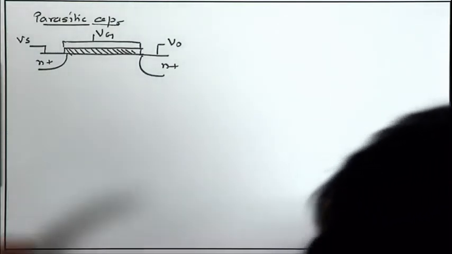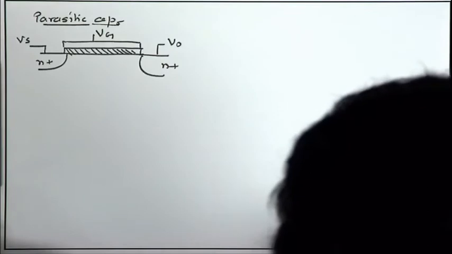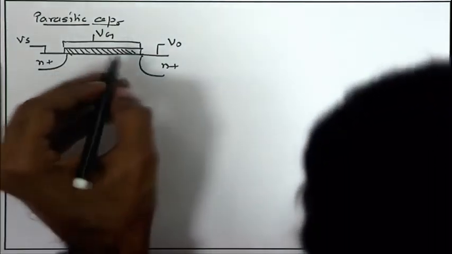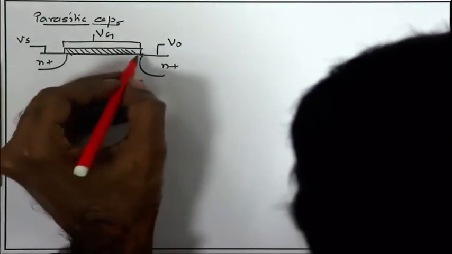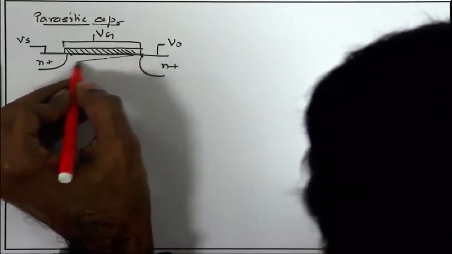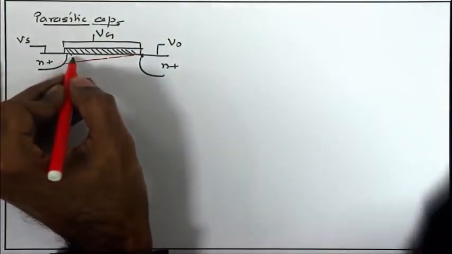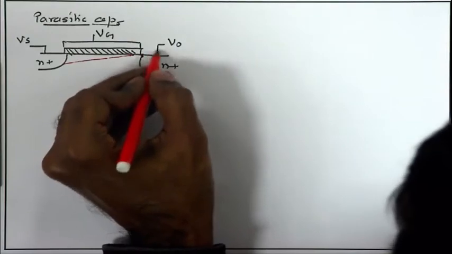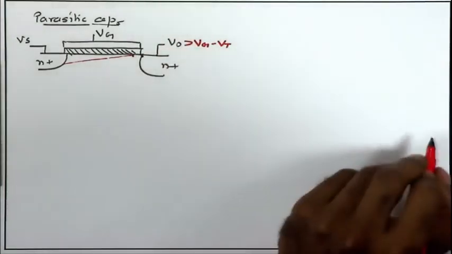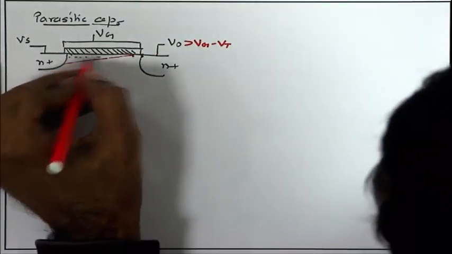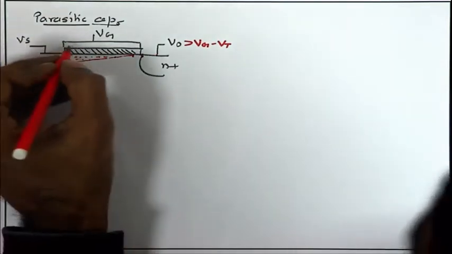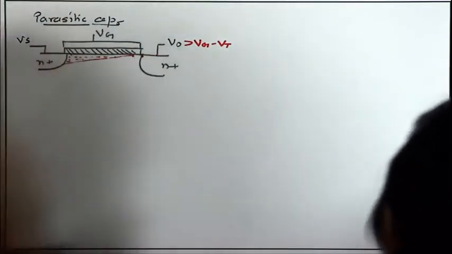In saturation, the channel charge has a tapered characteristic. You have a pinch off at some point, if not exactly at the drain, maybe some point away from the drain. Here V d is greater than V g minus V t, therefore the channel is pinched off, and the rest of the region is filled with negative charge. You have a lot of mobile electrons, which are balancing some positive charges on the gate.